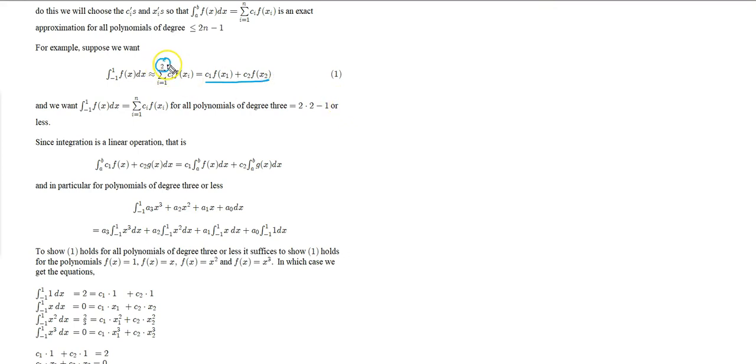Now, well, suppose we made the n 3, in which case the right-hand side here would become c1 f of x1 plus c2 f of x2, and we would want this to equal this quantity, the definite integral from negative 1 to 1 of f, for all polynomials of degree 5 or less.